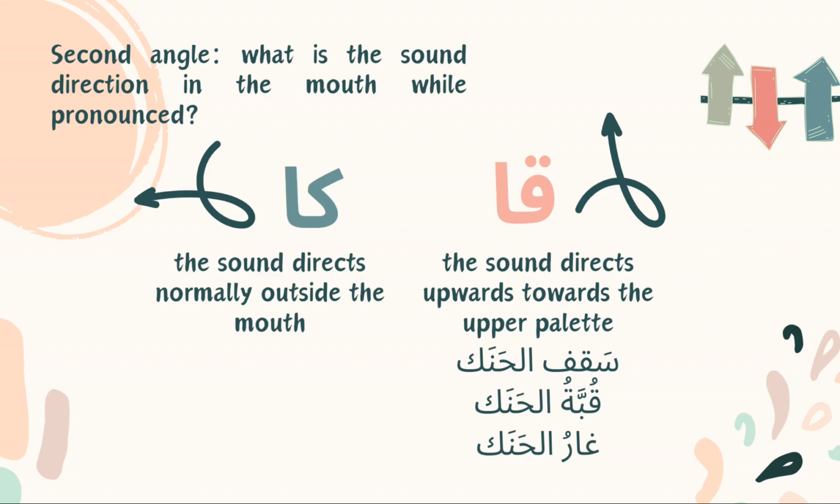So here, by experiment, the scholars found that for some letters the sound directs upwards towards the upper palate and strikes there, and for some other letters it just directs normally outside the mouth, like for example the ba, ta, sheen, sin, and all these letters.